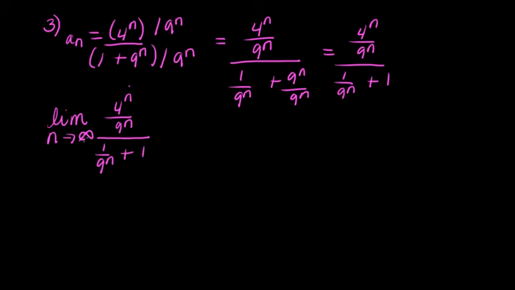Okay, plug in infinity everywhere you see n. So 4 over 9 to the infinity will always give us 0. We have infinity again right here. This will give us 0 as well, plus 1. So our answer here is 0, and this converges. You can either say it's convergent or it converges to 0.